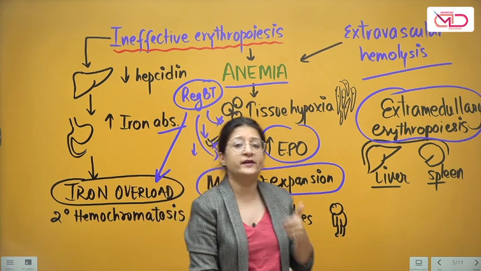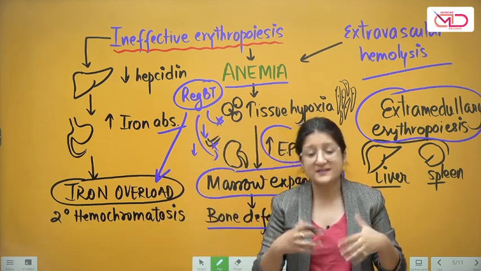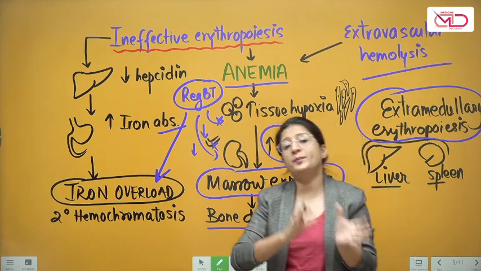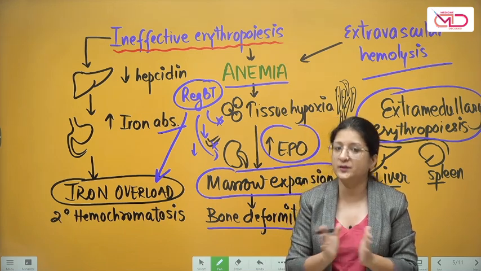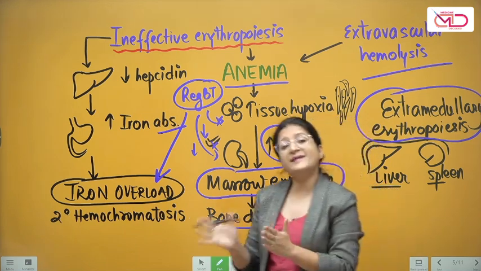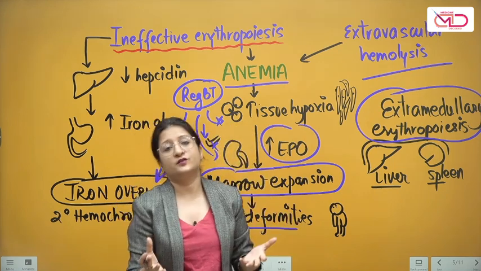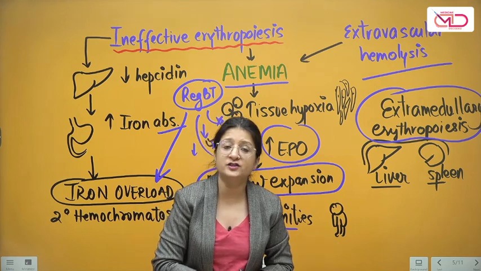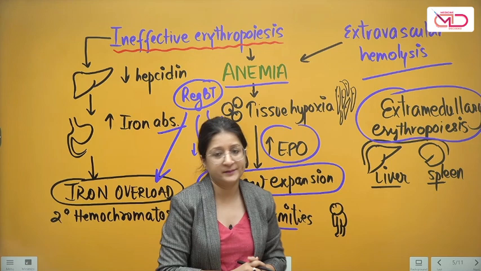Agents like desferrioxamine, which are taken as a treatment protocol, and these are going to chelate or bind to the excess iron in circulation and eliminate it, right? So iron chelating agents are often required in their treatment. And yes, of course, the definitive treatment for beta-thal major will become a stem cell transplantation to begin with.